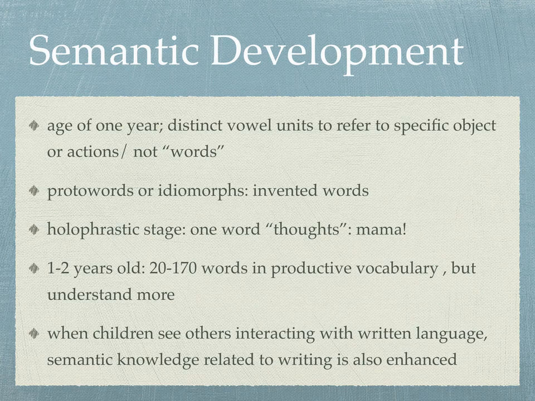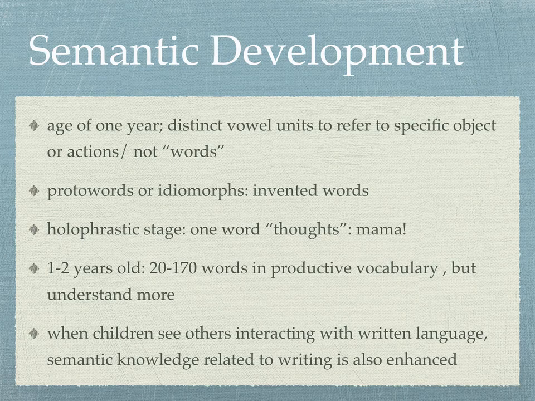Semantic development. At the age of 1 year, they can create distinct vowel units to refer to specific objects or actions, not words. These are important because they are the first consistent sound patterns that the children will make.